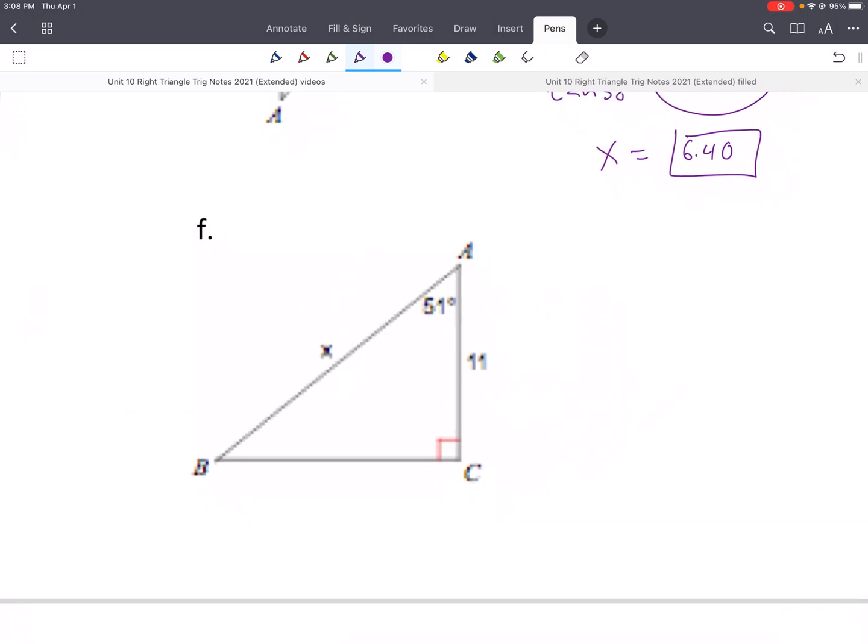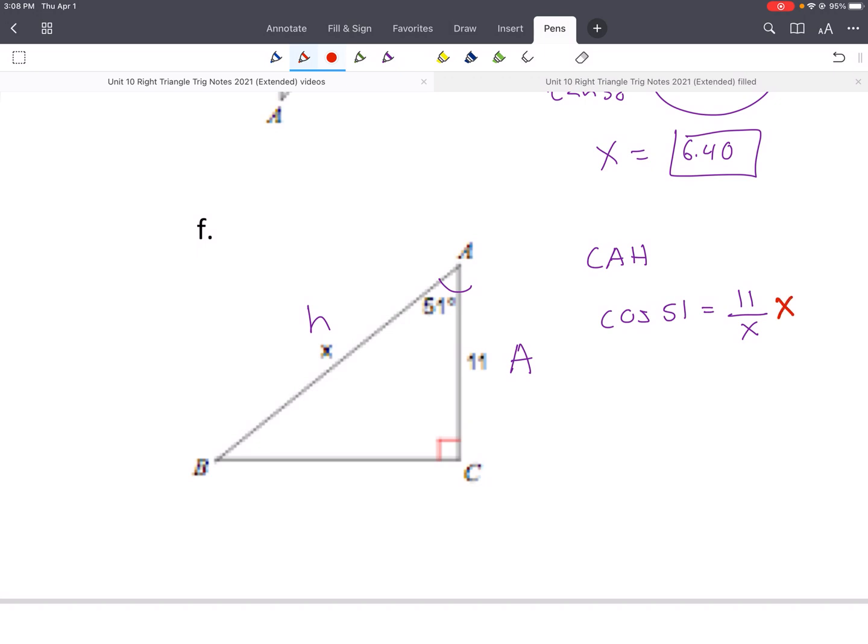Okay, so last one, again, reference angle. We have adjacent and hypotenuse. So what trig ratio will we use? That would be cosine, so that's CAH. So cosine of 51 is equal to adjacent over hypotenuse.